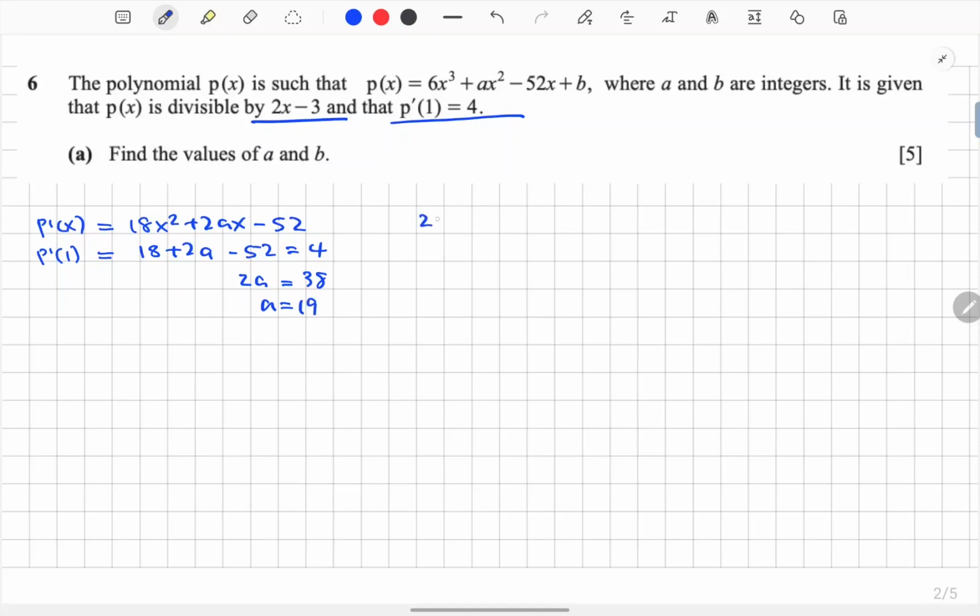We now know that 2x minus 3 is a factor of this expression, meaning when it is plugged in, it will be an x-intercept, meaning y is 0. So we can go ahead and get the value of x when the output is 0. So now when we plug 3 over 2 into the equation, we'll get 0.